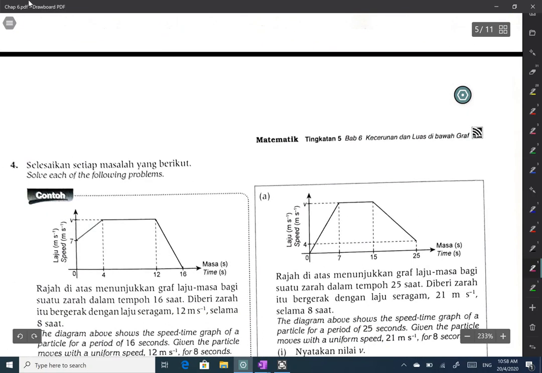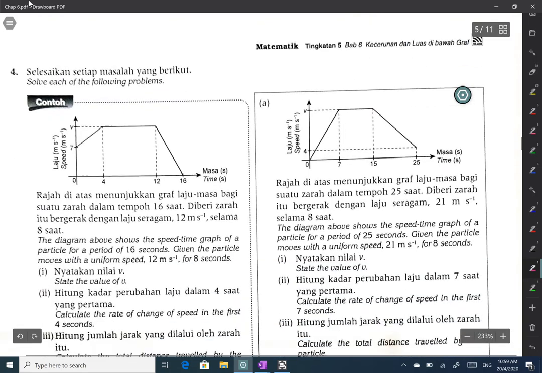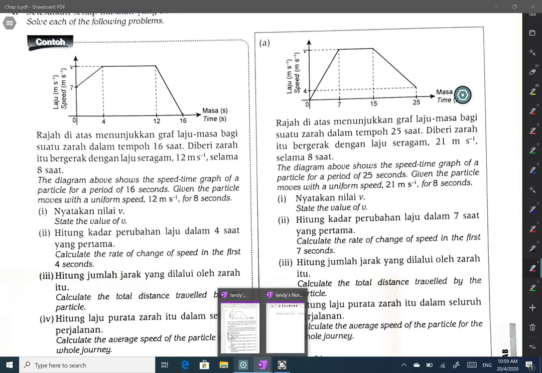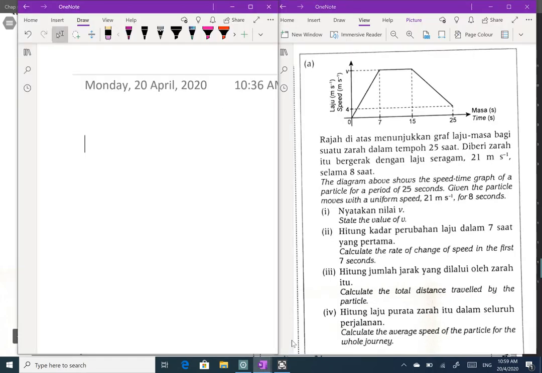Question number 4. The diagram above shows the speed time graph of a particle for a period of 25 seconds.